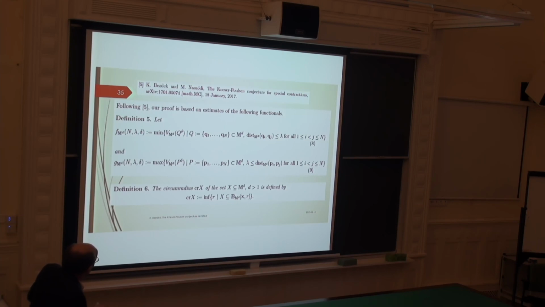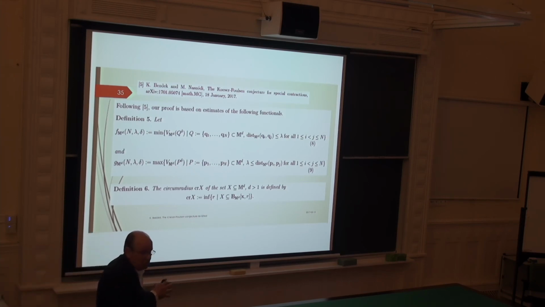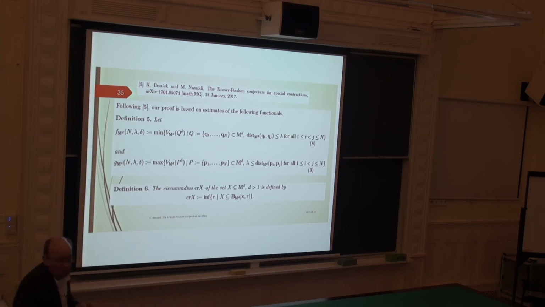So we have a min problem and a max problem, and in order to squeeze out the Kneser-Poulsen result, we just have to show that the min is at least as large as the max. That's the naive strategy, and that's what one needs to execute here.